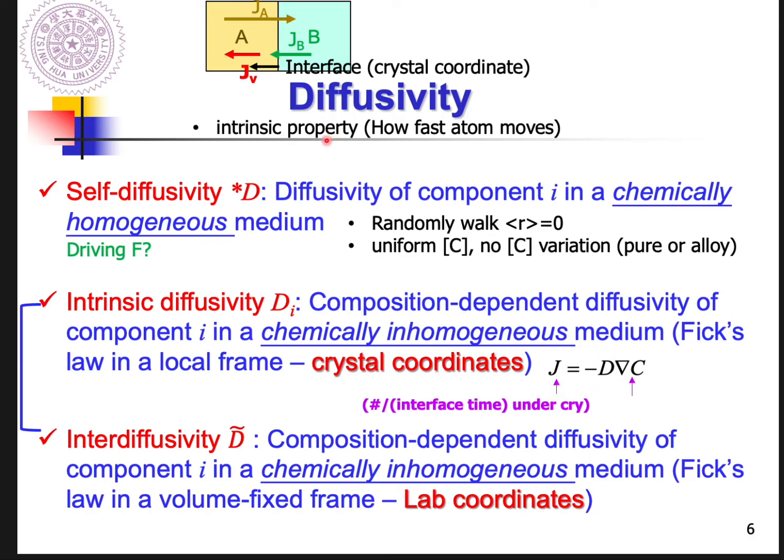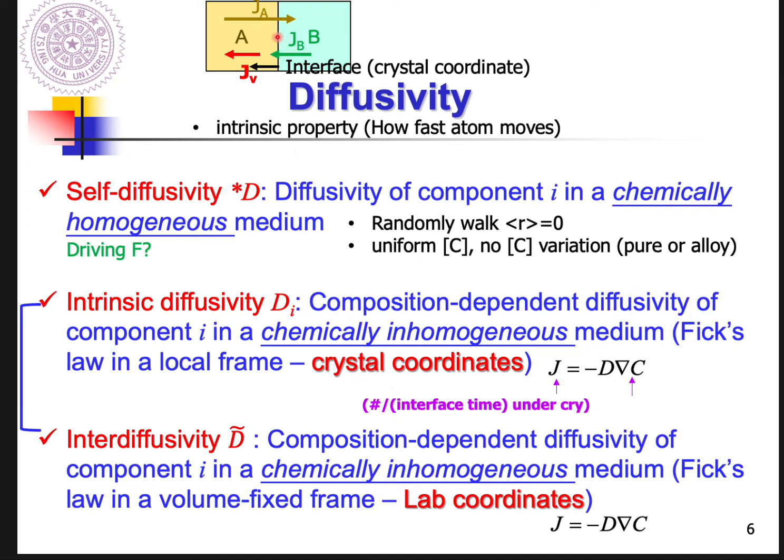And for the interdiffusivity, in this case, that means if you stand outside of the system, stand in the lab, then you calculate or measure the atomic flux through a specific interface, and you divide it by the minus concentration gradient, and the diffusivity you get will be the interdiffusivity. So the major difference between the intrinsic diffusivity and interdiffusivity is based on different reference coordinates.